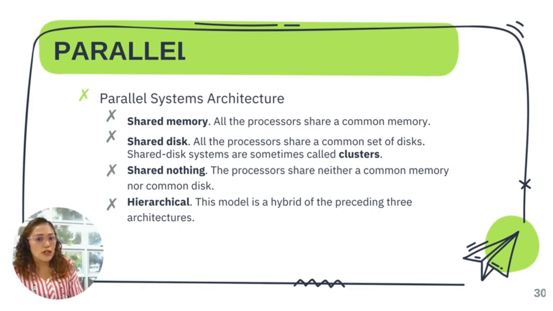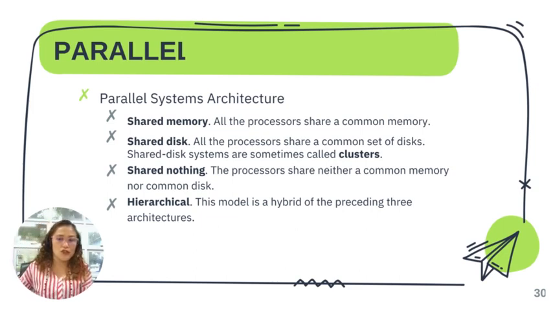For the shared disk, all the processors share a common set of disks, and it is sometimes called clusters. For shared nothing, the processors share neither a common memory nor a common disk. And hierarchical, this model is a hybrid of the preceding three architectures.